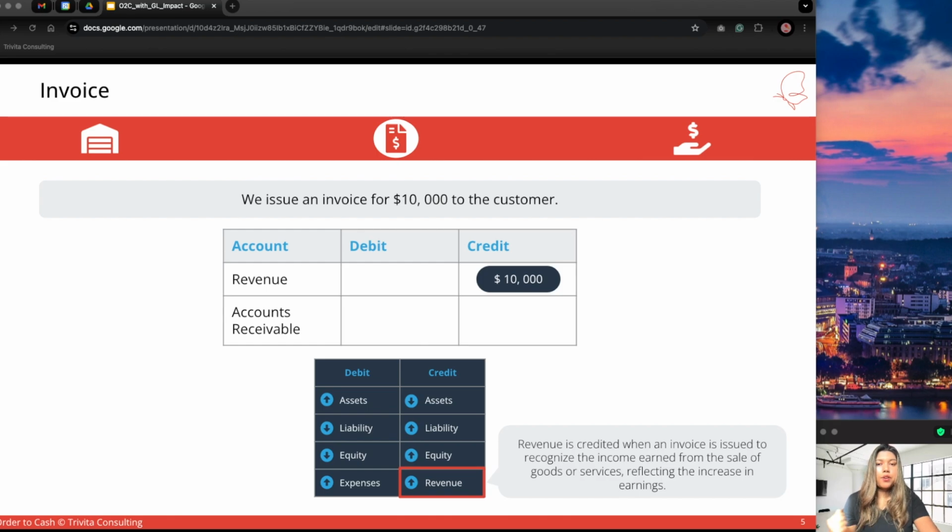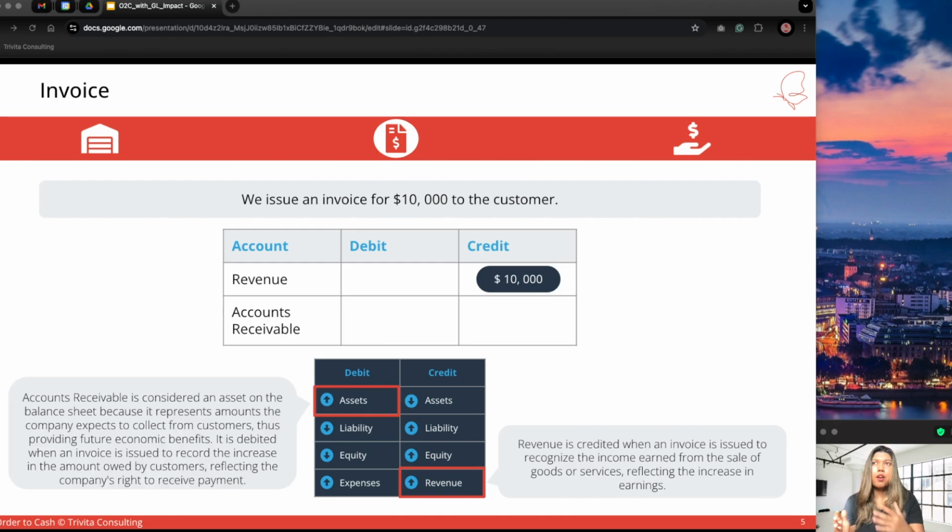On the other hand, accounts receivable, or AR, is considered to be an asset and it is located on the balance sheet. It represents the amount the company expects to collect from the customer. In this example, we are increasing our AR, thus resulting in a debit. Now, the invoicing process ensures that the financial records reflect the revenue earned and the amount owed by the customer.